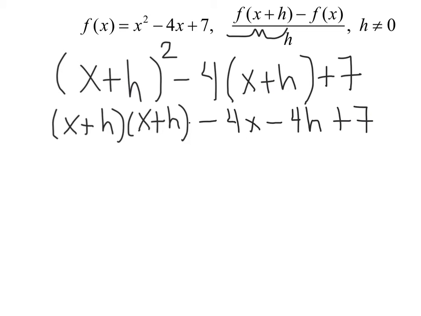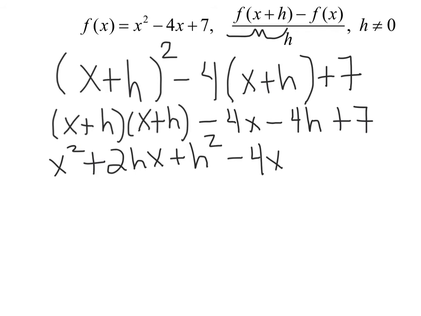All right. The next part I'm going to do is FOIL or box method the x plus h times x plus h. And when I do, I get x squared plus 2hx plus h squared. Then I have my minus 4x minus 4h plus 7.